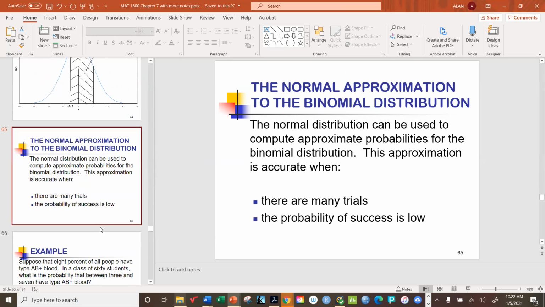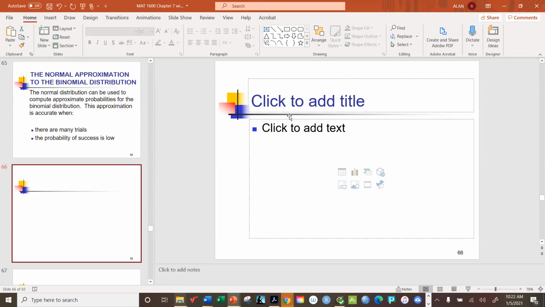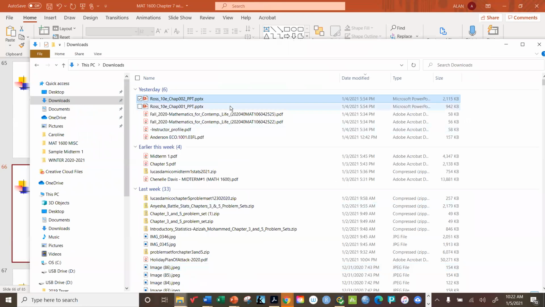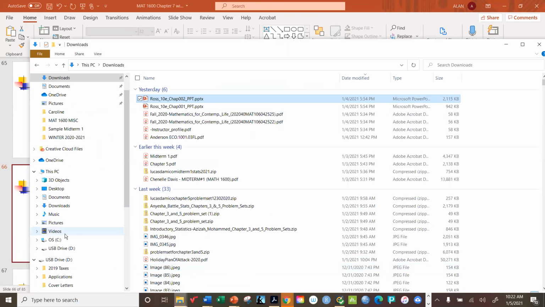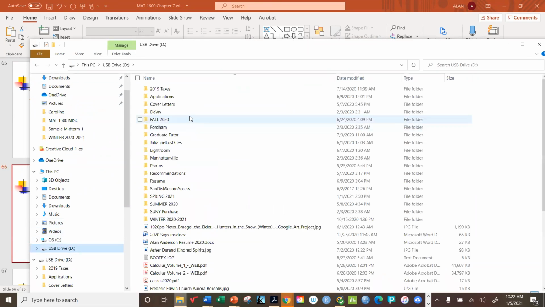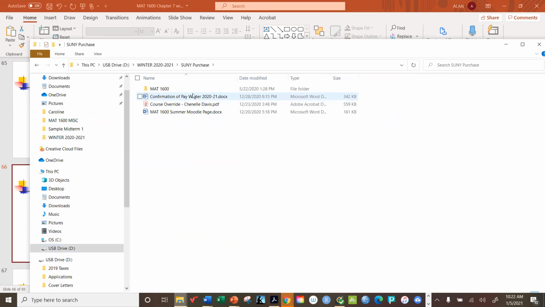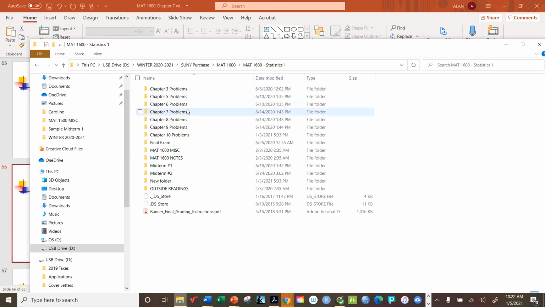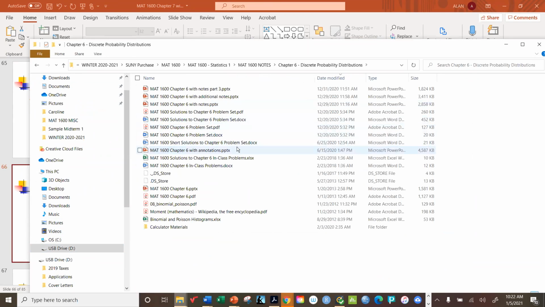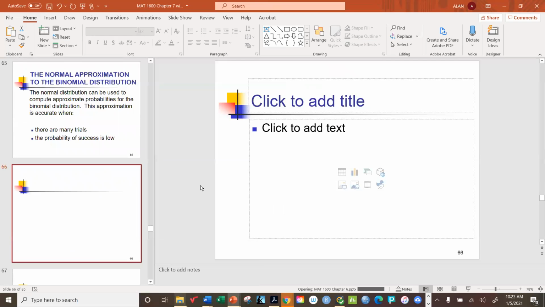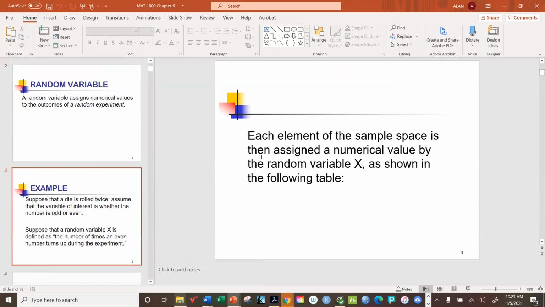If I can maybe draw some pictures here. Actually, you know what we could do? Let me go get the last chapter for a second. Chapter 6, I mean. And I just wanted to show you something very quickly, or remind you of something. You might recall we had graphs in here in chapter 6 of the binomial distribution.